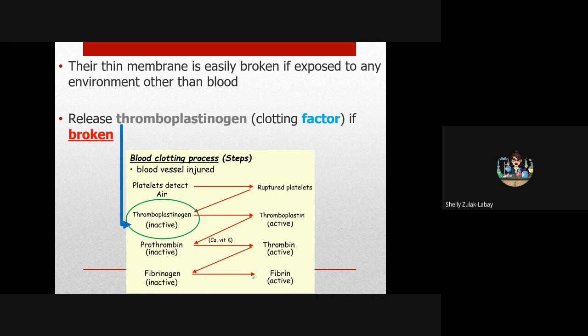So as we turn to the top of page number 9, we're going to talk about these other important proteins that are going to be involved in clotting. So we're going to talk about thromboplastin, prothrombin, thrombin, fibrinogen, and fibrin at the end.